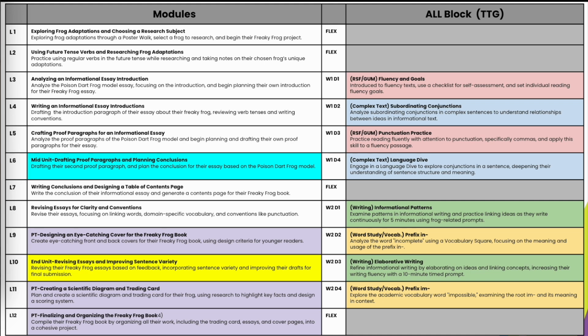As you can see, the All Block lessons reinforce skills introduced in the module lessons, such as grammar, fluency, and elaboration, providing essential scaffolding and practice. This alignment ensures students are well prepared to succeed in the culminating performance task.